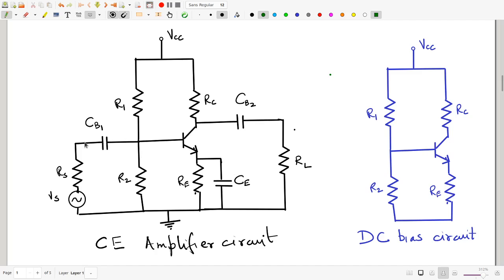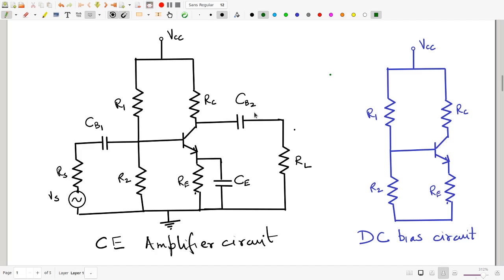CB1 is used to connect a source Vs to the circuit. The Rs that you see here is just the source resistance. So every source of course comes with some resistance. Ideally the source resistance should be negligibly small, but we don't really live in an ideal world, so the source resistance can sometimes be substantial.